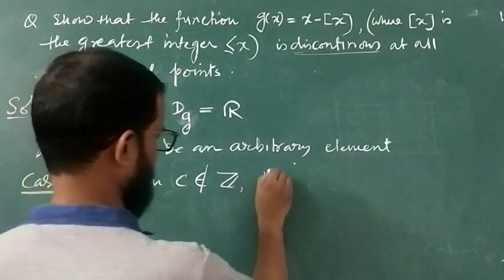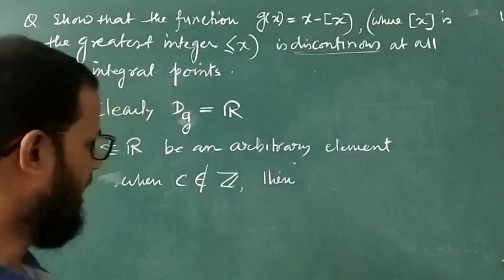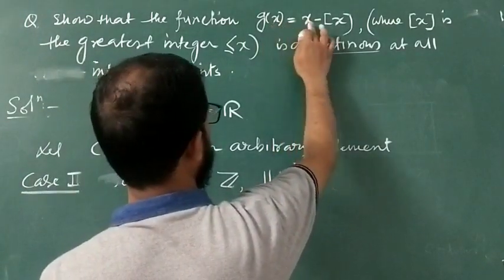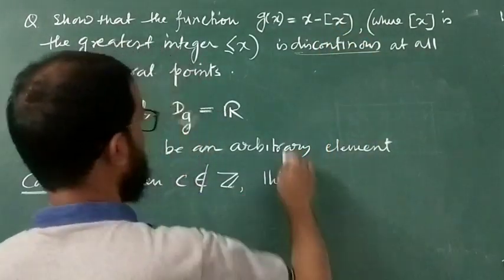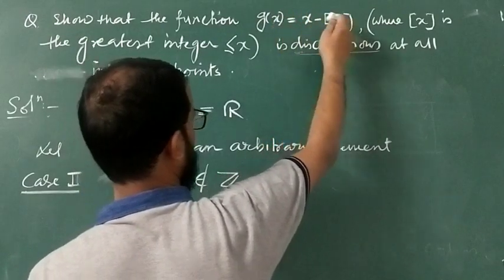Then what happens? If C does not belong to Z, like C equal to half root 3, and you put that into G, G of root 3 equals root 3 minus box root 3.